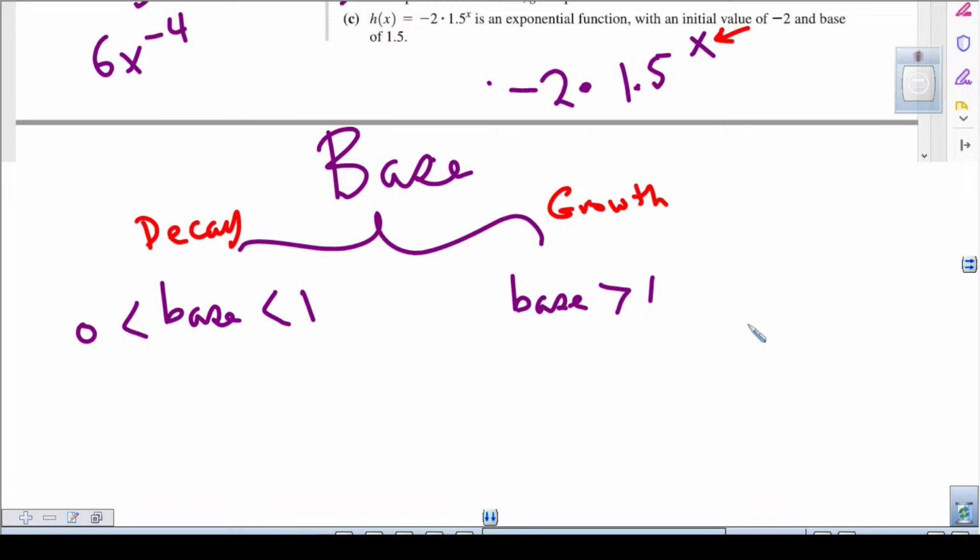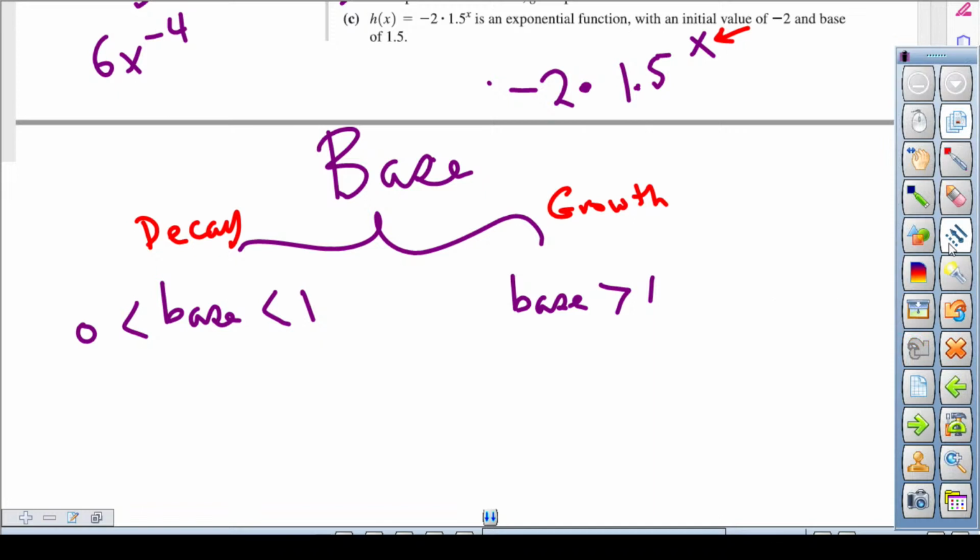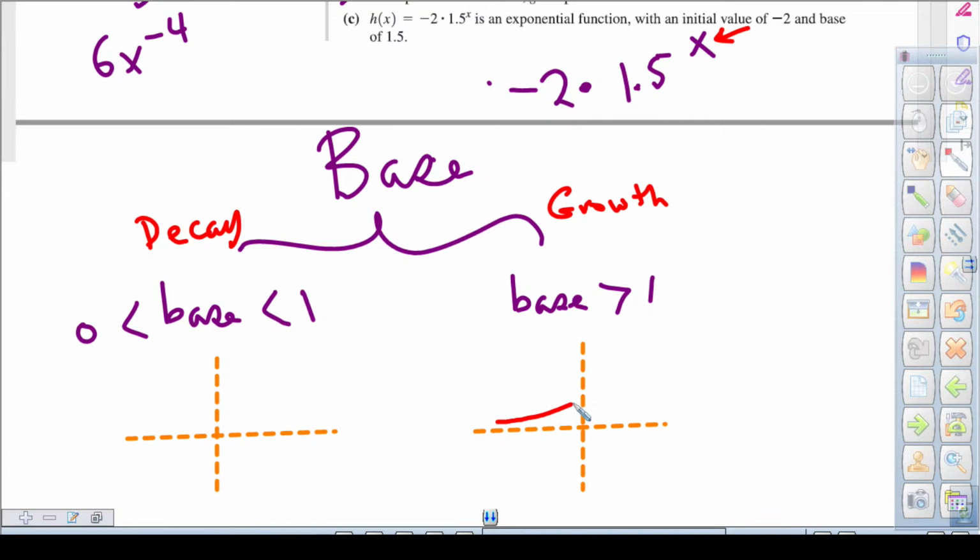You're growing. And the graph for each one of them is very simple. It's kind of intuitive, but let's just graph it here for you. Growth would be something like this, starting very, very slow, and then all of a sudden shooting up very fast. We looked at that (0, 1). I'm touching the y-axis here. That's the y-intercept at (0, 1).